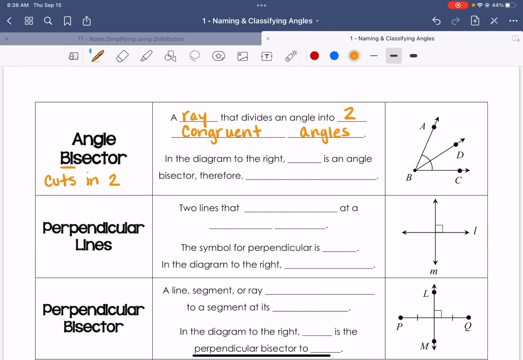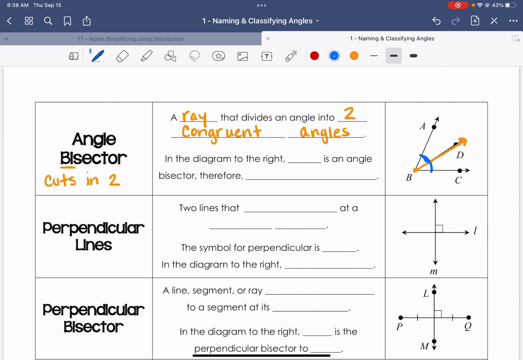So look at the diagram. Which ray is in the middle of the angle? Hopefully you said BD. That's in the middle. And we can tell it's cut in the middle and the two angles are congruent because of this little arc here and this little arc here.